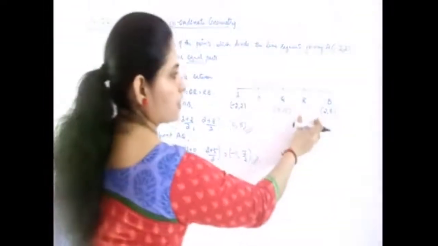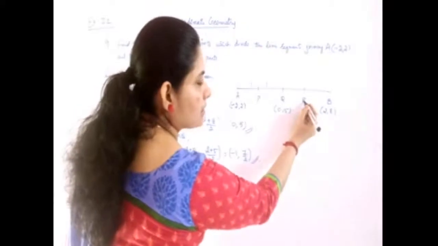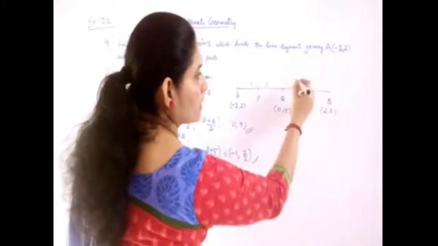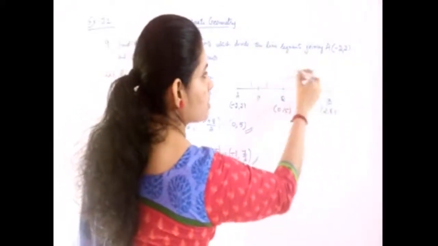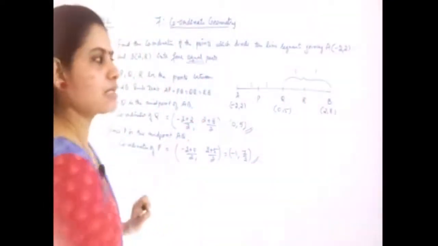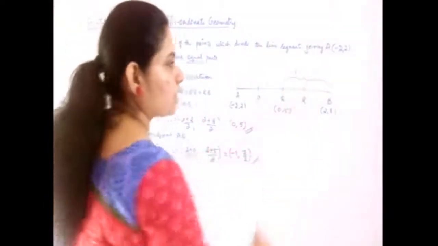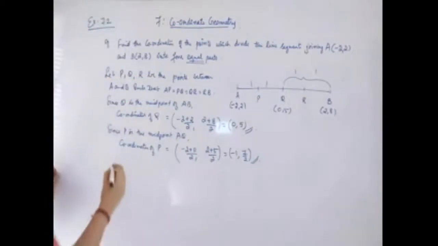Now again go to the figure. R will be acting as the midpoint of QB. If you take this line segment, you can see that it is broken into 2 equal parts, so the ratio is the same, hence you can use the midpoint formula.